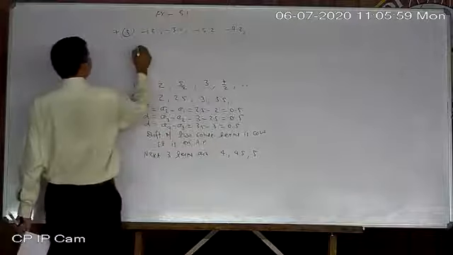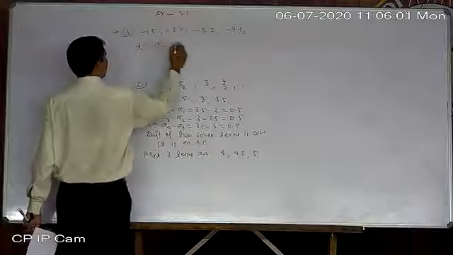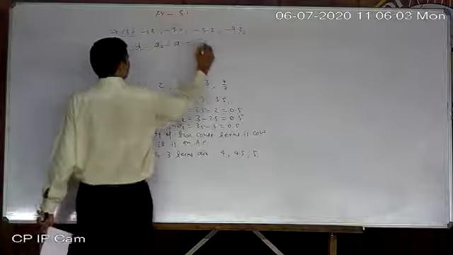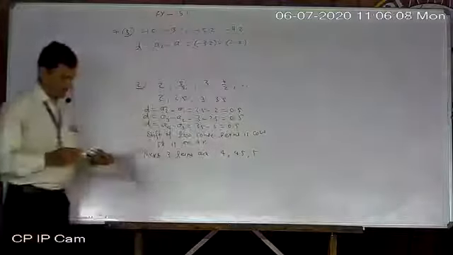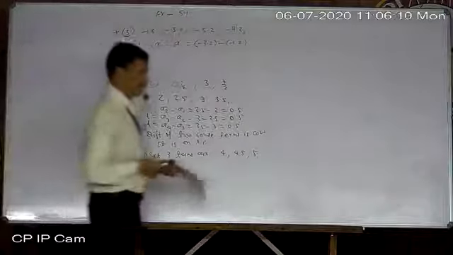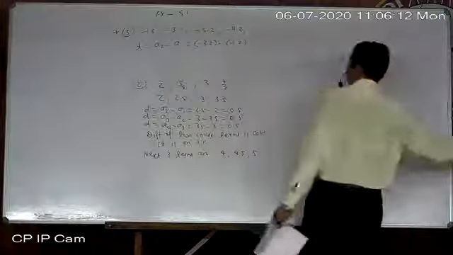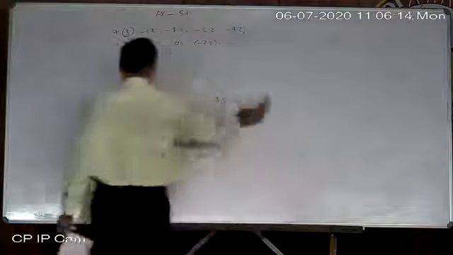Now again D equal to A2 minus A1, means minus 3.2 minus 1.2. Be careful here. The value should be in brackets only. Now open that bracket.